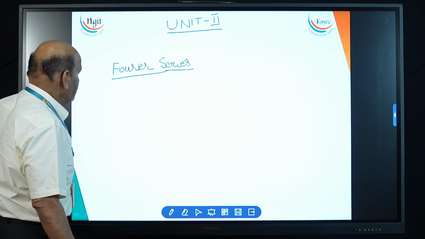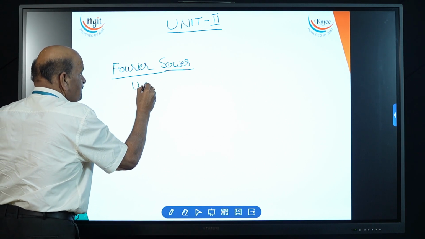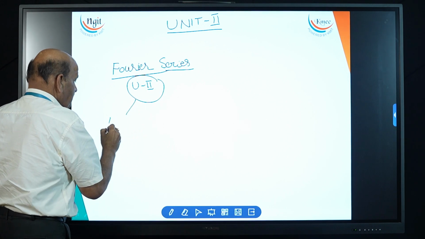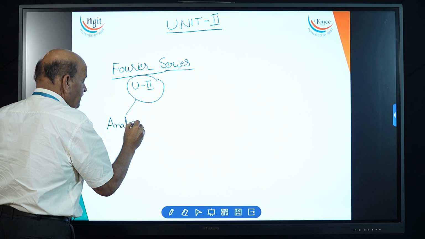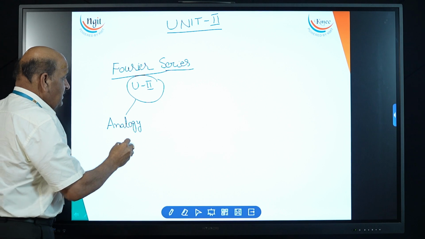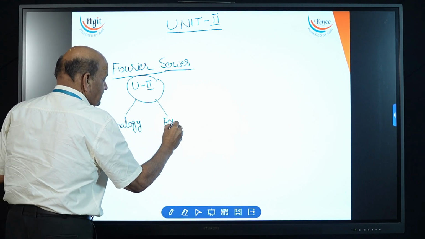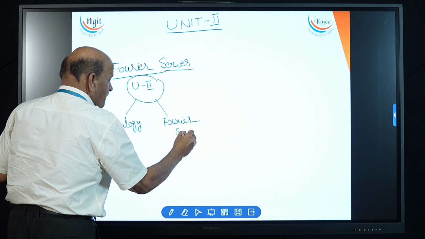Now, let us start. Unit 2, the syllabus content: the first concept is regarding analogy. After that, we continue our discussions with the concepts of Fourier series.